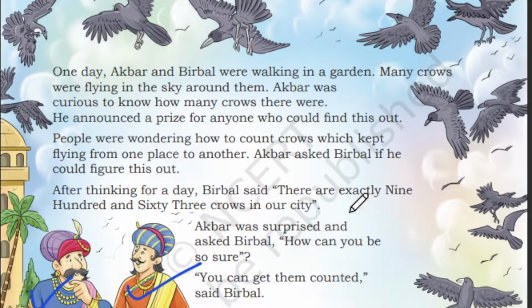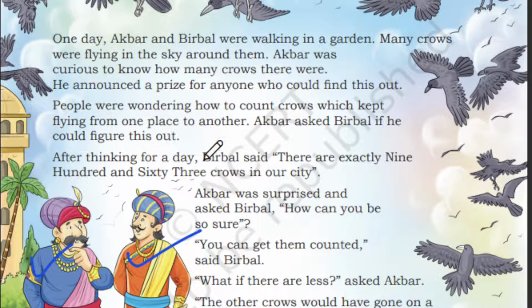So Akbar was curious to know how many crows were there. He announced a prize for anyone who could find this out. So Akbar wants to know how many crows are currently in the city, and whoever counts the birds correctly is going to get a reward, a prize.